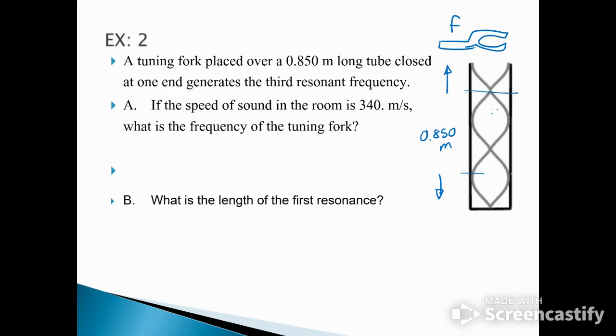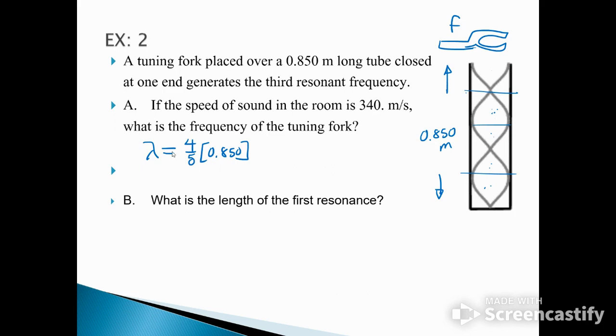And the wavelength here, so 1, 2, 3, 4, 4/5 of this length. So 4/5 of 0.850 corresponds to a complete wave. 1, 2, 3, 4/5 of the complete length. That's going to be our wavelength.